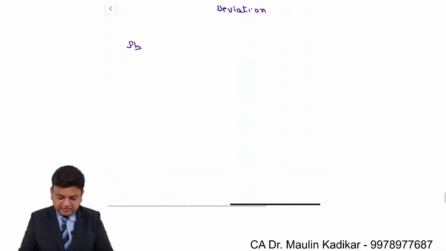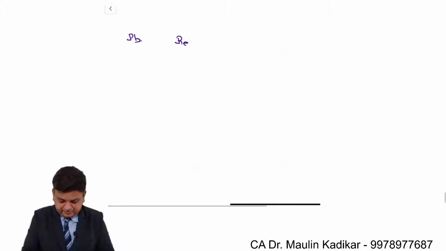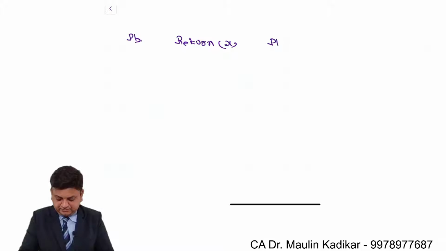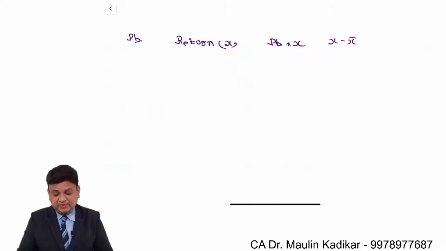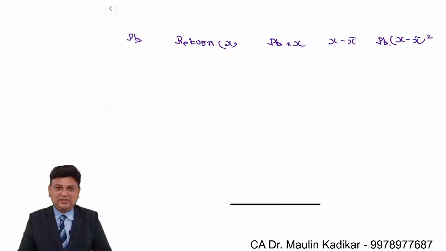Column number 1 is probability. Column number 2 is return. We assign x variable to it. Probability into x, x minus x bar, x minus x bar whole square into probability.